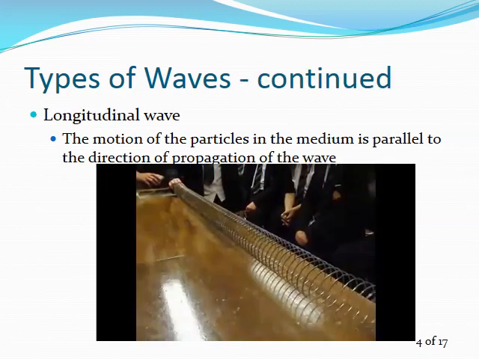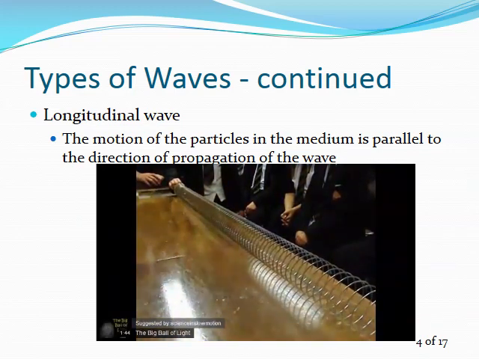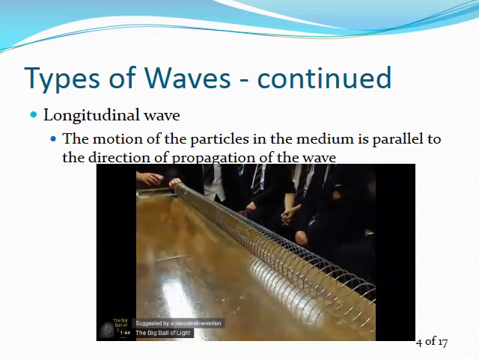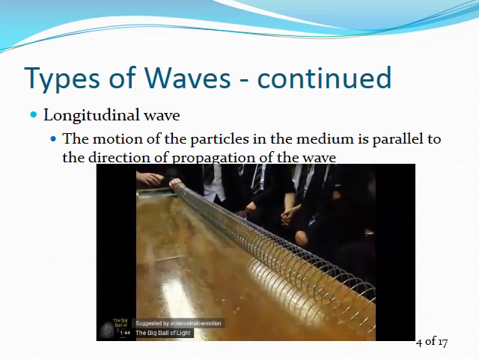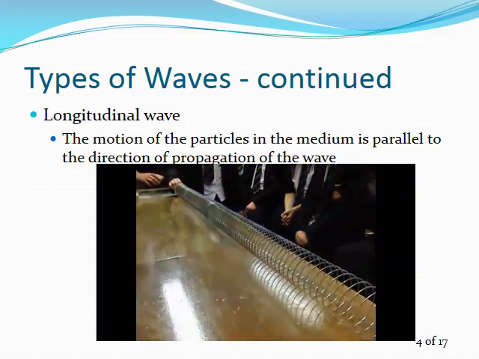Now, the other type of wave is a longitudinal wave. And in this wave, the medium moves parallel to the direction of propagation. And that's easily seen in a spring. And as I play this video, you will see this area where the spring is compressed more and it is traveling down to the other end, and you can actually see one come back.